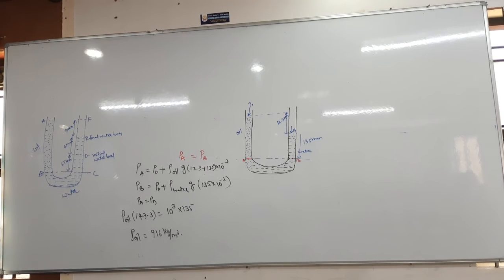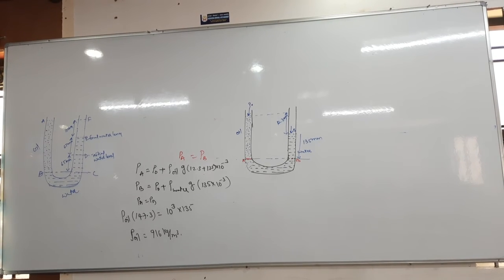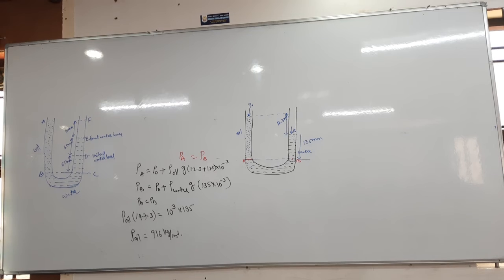Apply the pressure at PB and then PC, you will get the answer easily. 910? 928 approximately.